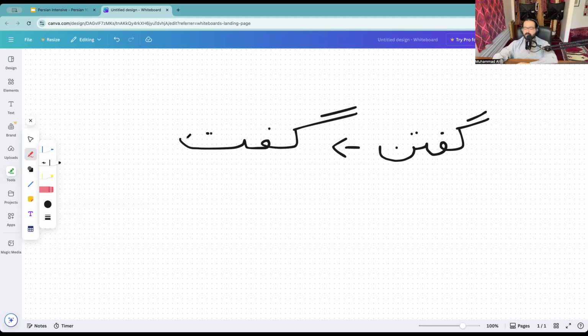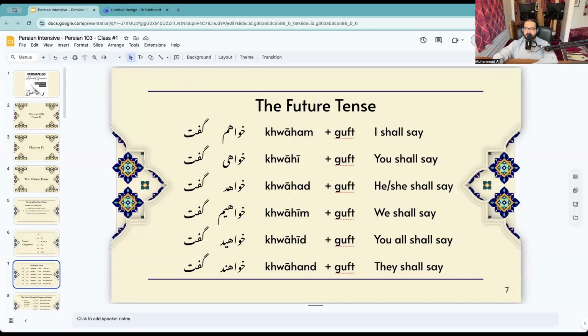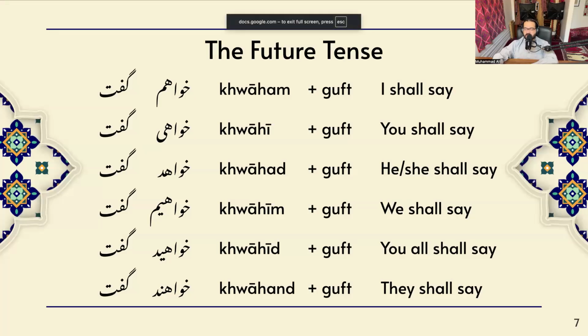You could say goftam, gofti, goft, etc. if you want to conjugate this in the past tense, but we're not doing that, right? We just want the stem, which is, again, the verb without the noon, the infinitive without the noon. The noon is removed. So khaham goft, literally conjugated, is I want, I desire, he said.